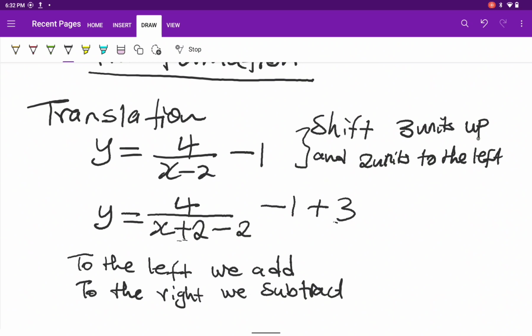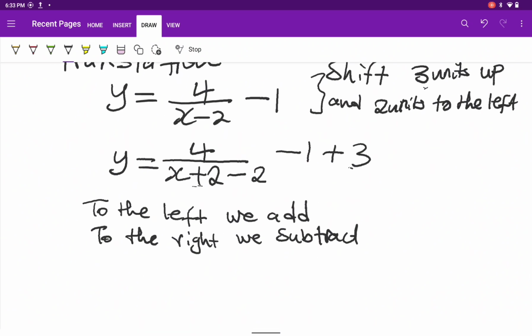But with the up and down, it's as the mind says. When they say up we just add, when they say down we just subtract. So there should not be any issues with the up and down, but let's be careful on this one. When they say to the left we must add, when they say to the right we must subtract, as long as it is on the equation.